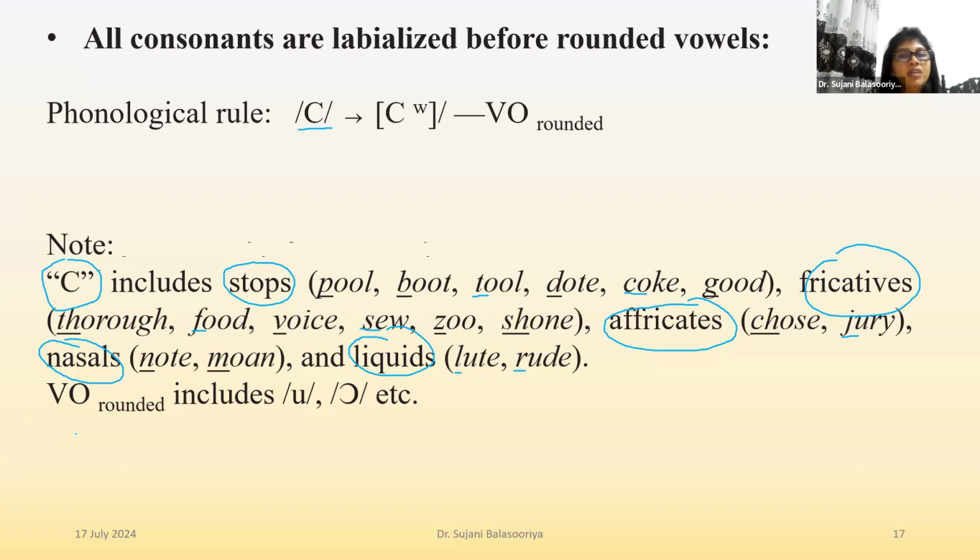And then V rounded means vowel, rounded vowels, right? There are some rounded vowels, no? Both long and short oo and o. These are the rounded vowels.